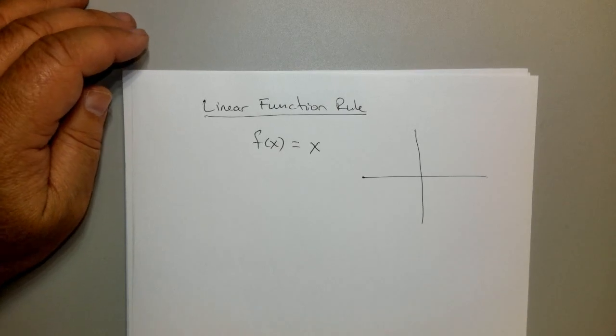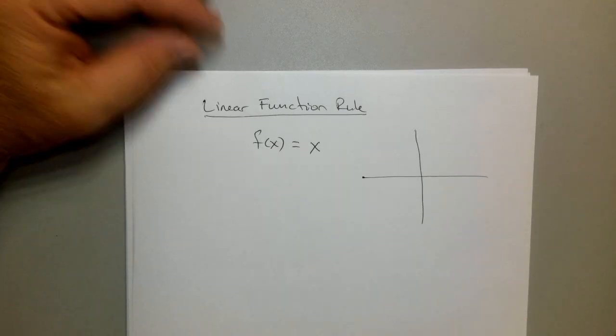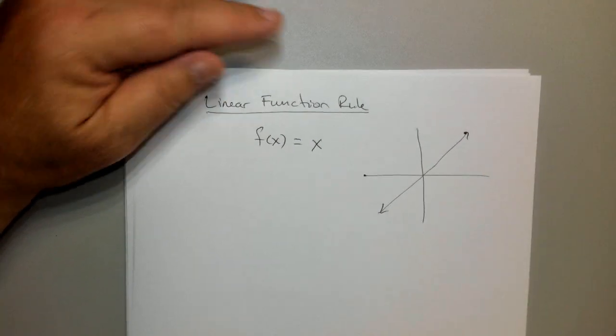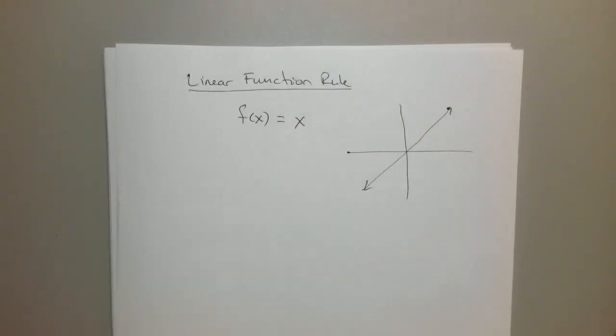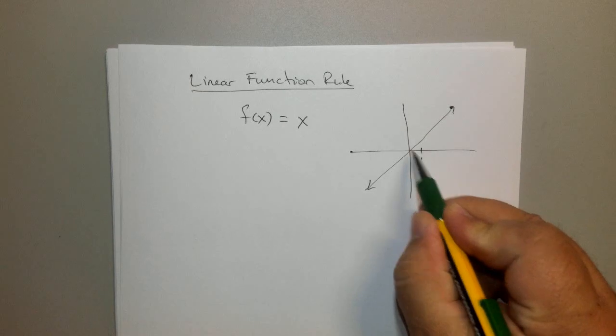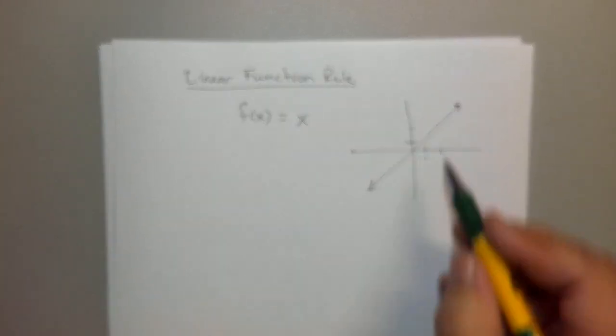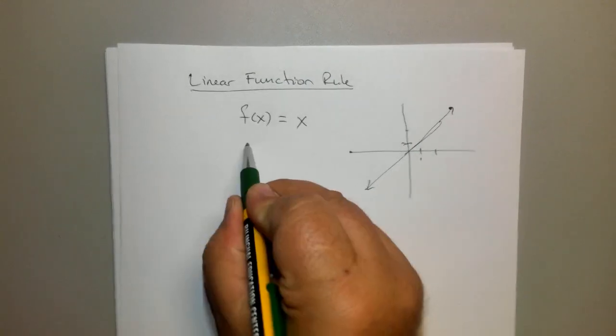Keep into it. John Travolta, go on. Staying alive. Yes, it's a diagonal line through the origin. What's its slope? Because when x is 1, y is 1. When x is 2, y is 2. The slope is 1.